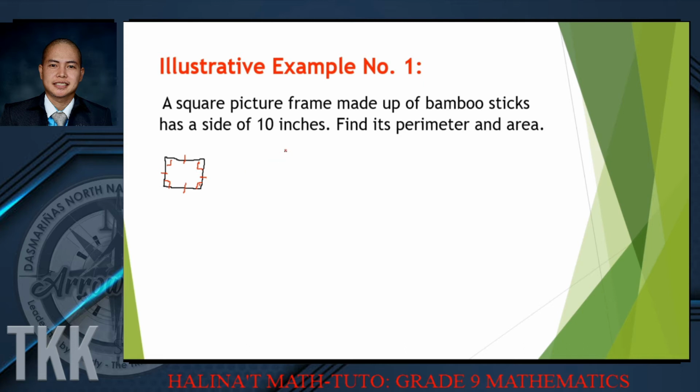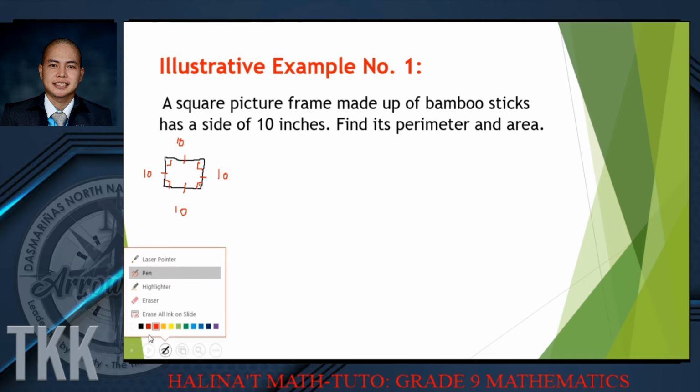Then the sides given are 10 inches. Since the property of a square is that all sides are congruent, that means all of them are congruent. And then, find its perimeter and area.